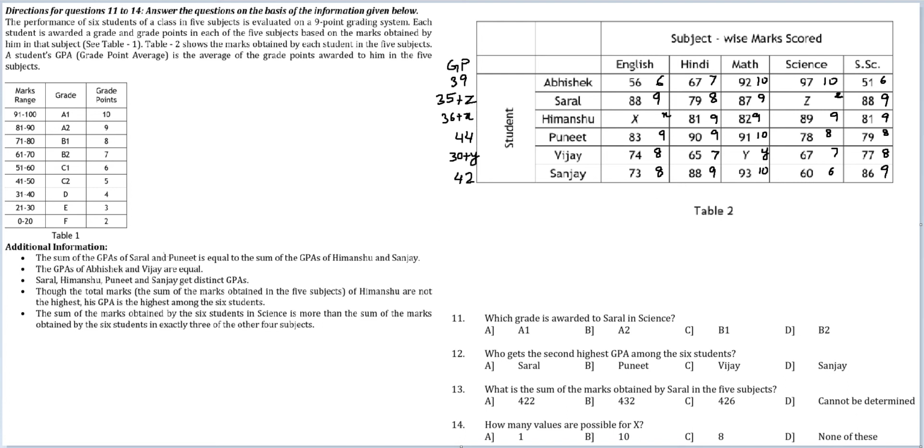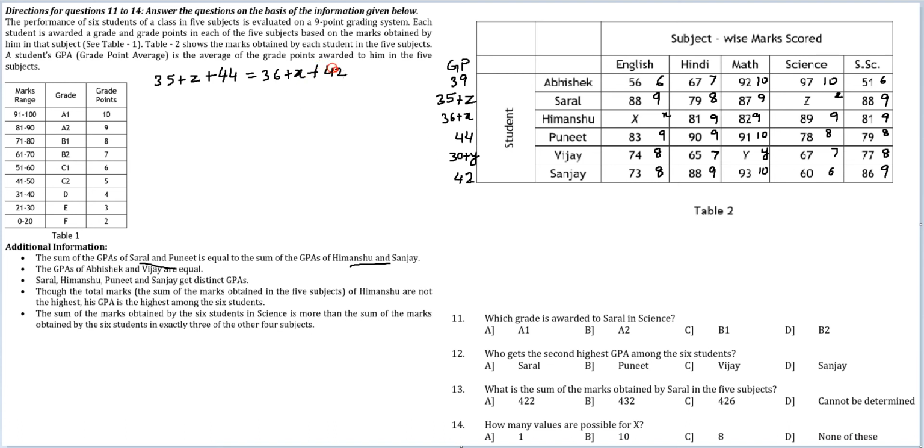Let's go through the additional information. The sum of GPAs of Saral and Puneet is equal to the GPAs of Himanshu and Sanjay. So I have 35 plus Z plus 44 is equal to Himanshu, which is 36 plus X, and plus 42.